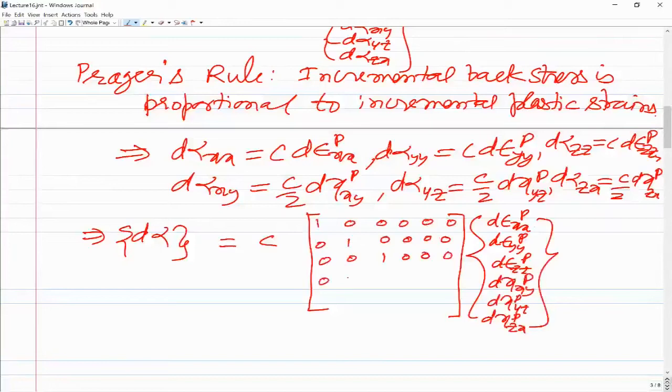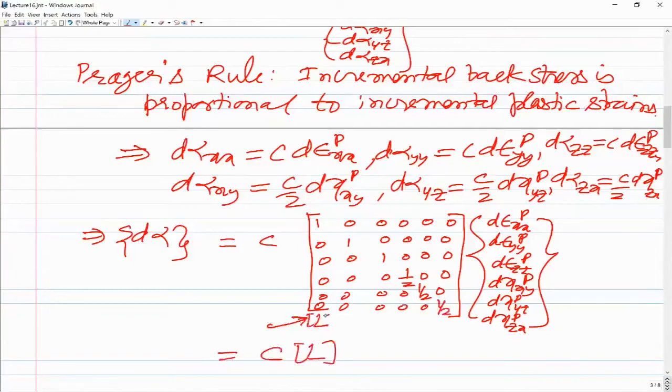Then we have half, 0 0 0, half and 0, and finally 0 0 0 and half. Now if we call this matrix L, you can see that d alpha can be written as C into L, this matrix I am calling L, into d of epsilon P.